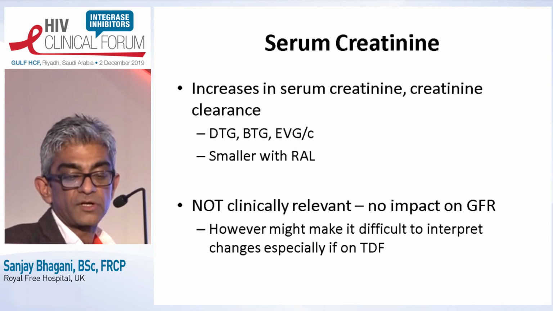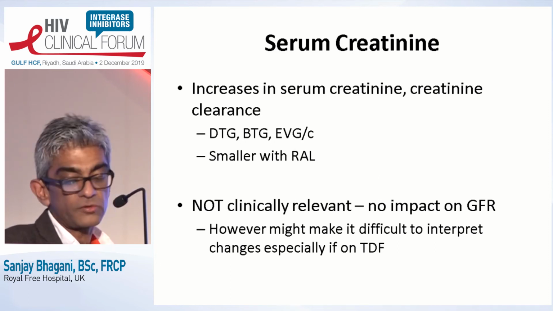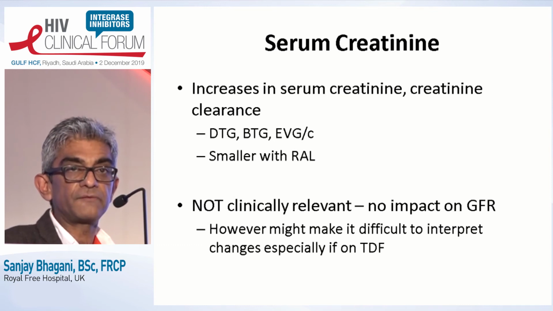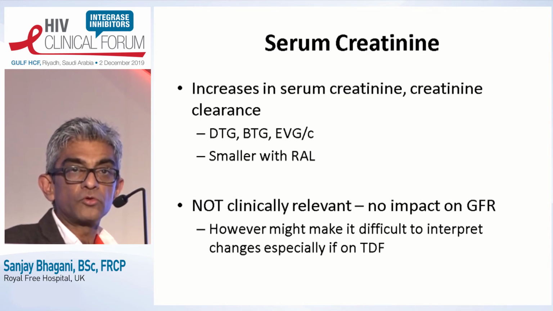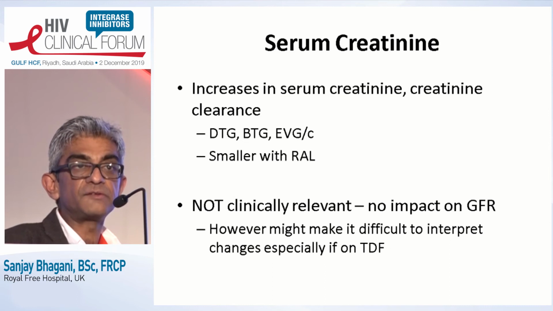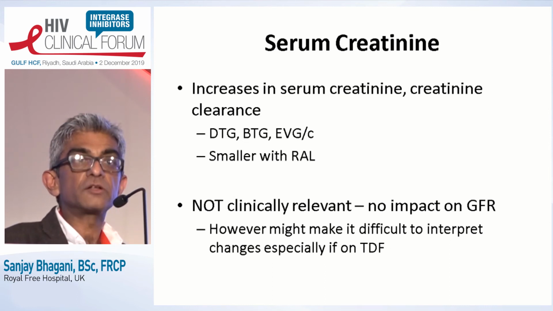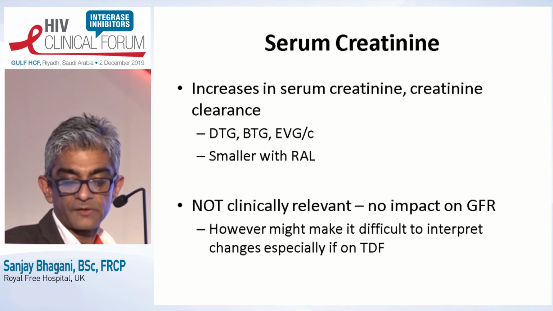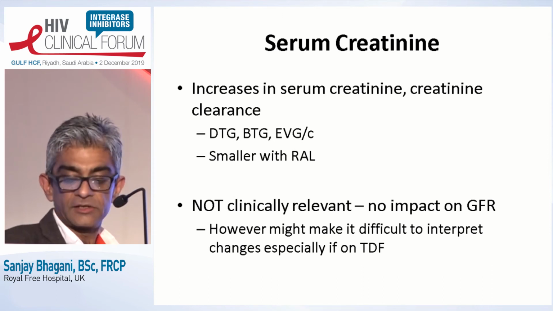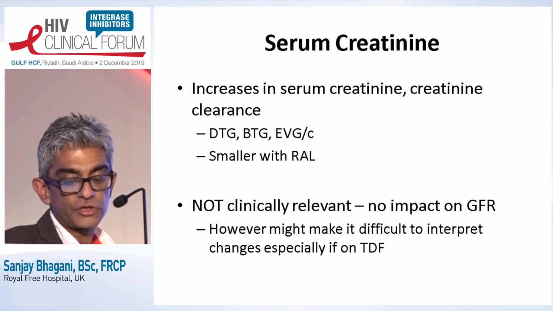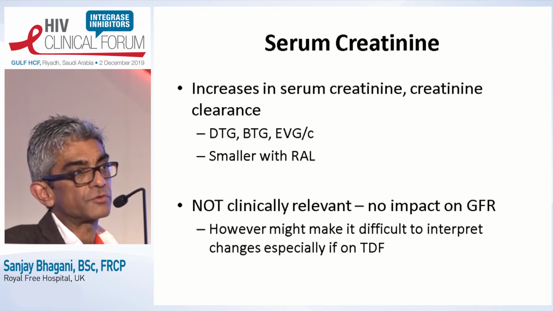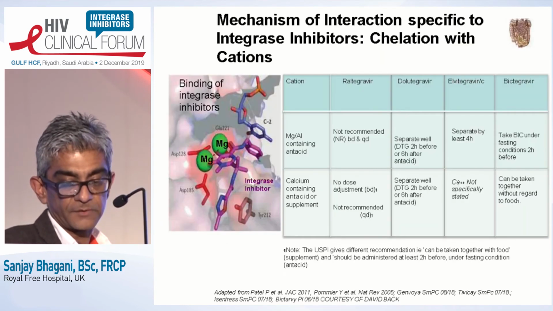These are much smaller with raltegravir, but these are not clinically relevant. In other words, they have no impact on glomerular filtration rates. It is just an increase in creatinine and the calculation of creatinine clearance. However, this may make it difficult to interpret changes in GFR, especially if the patient is on concomitant TDF.